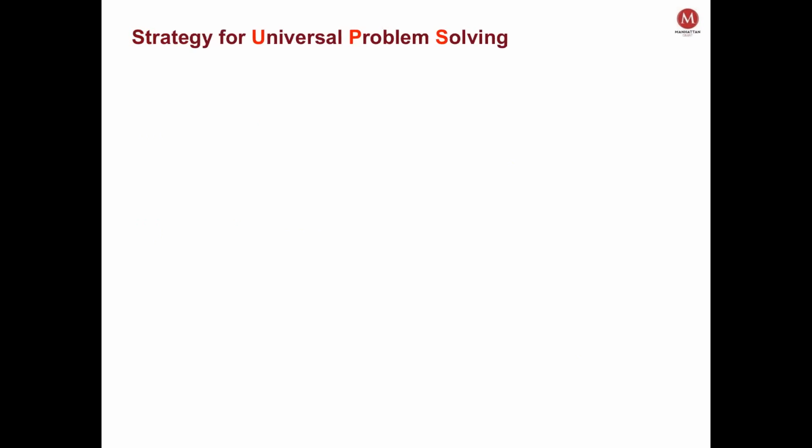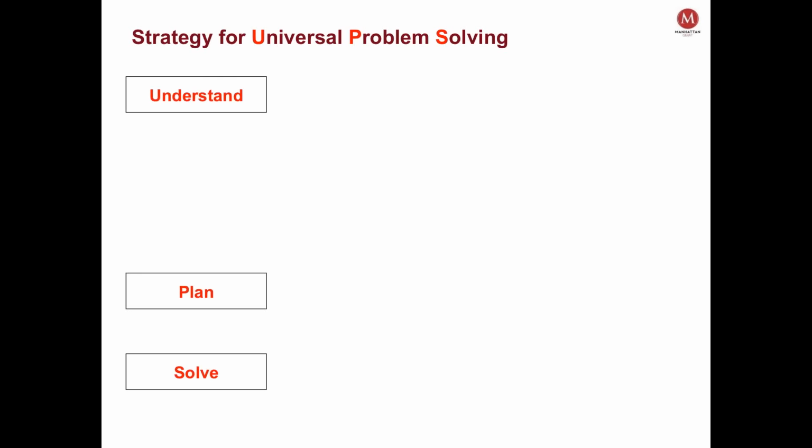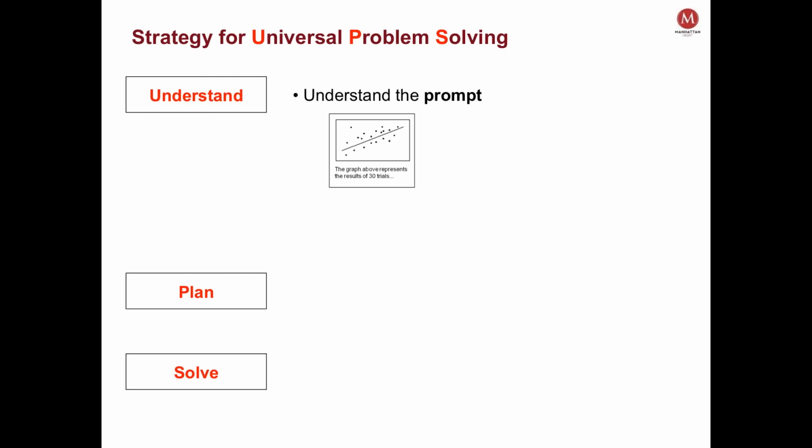Speaking about thinking and being strategic, we have a strategy for universal problem solving. How many of you have Manhattan GMAT's books? Anybody seen the Manhattan GMAT 5th edition? Give me a shout out in the question window, because if you have, you're familiar with this. If not, welcome to it.